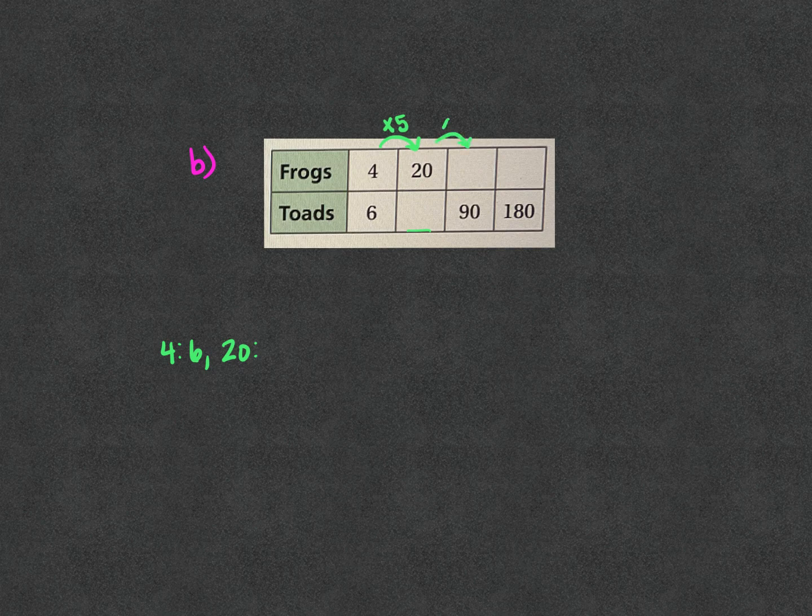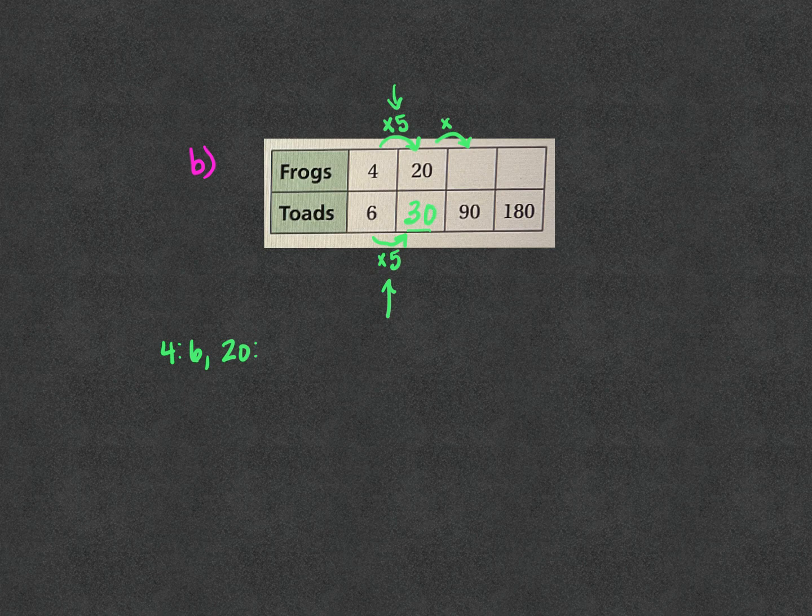They don't have to be multiplied by 5 each time. However, what you do need to make sure of when you multiply in ratio tables is that whatever I do to that first one up here, I have to do to this one down here. So I'm going to also multiply that by 5. It's kind of like equivalent fractions. It's kind of the same thing. 6 times 5 equals 30.